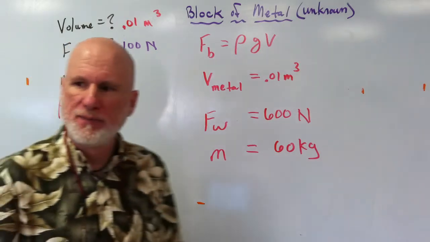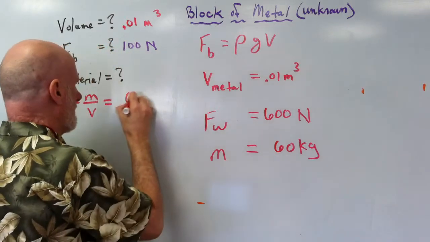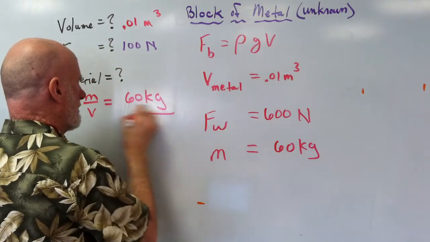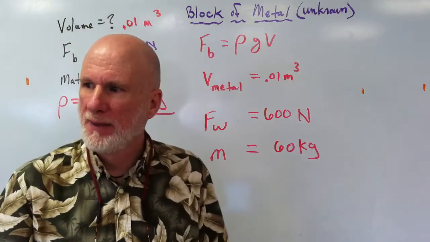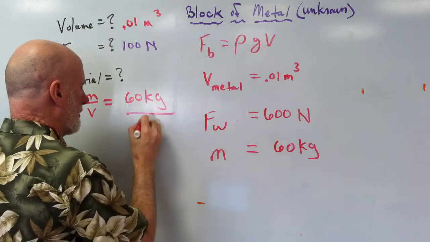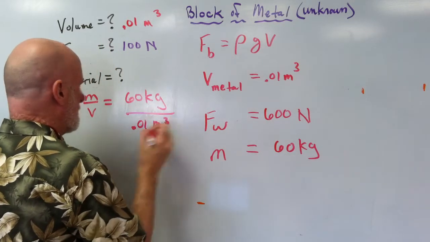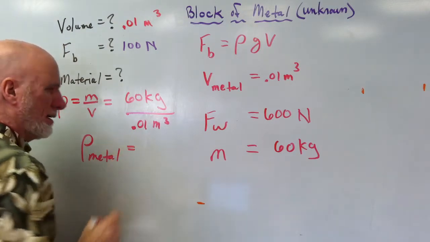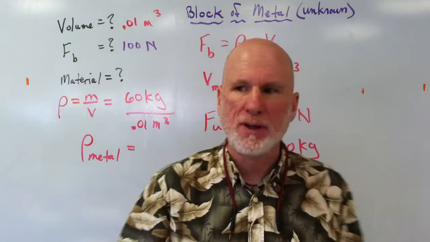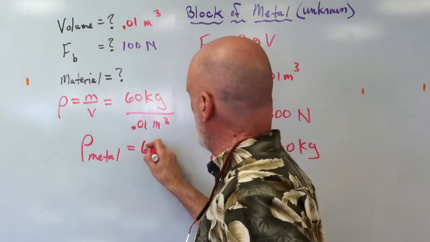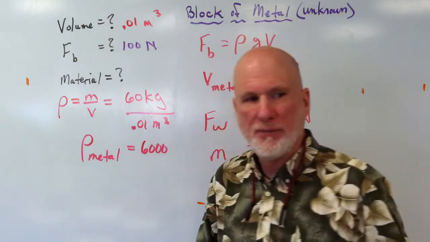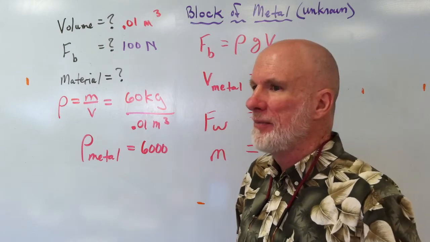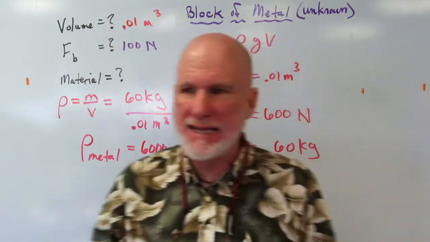What's the mass? 60 kilograms. What's the volume? 0.01 meters cubed. Therefore, the density of the metal equals what? 6,000. What is the density of the metal?